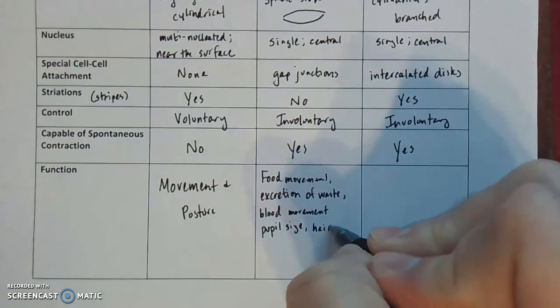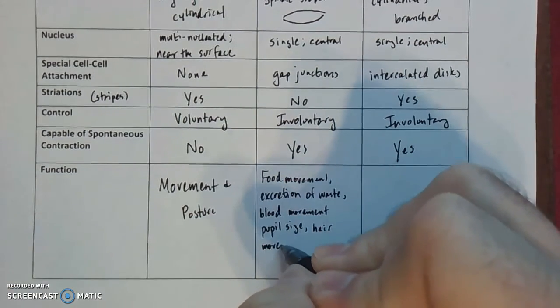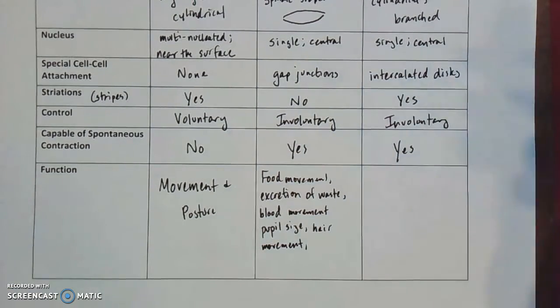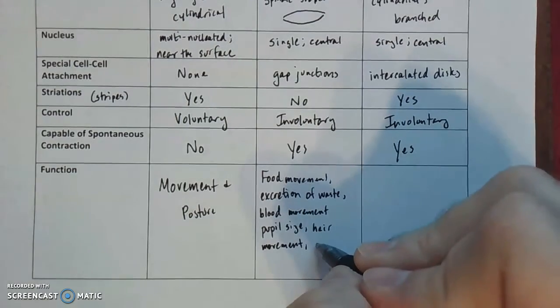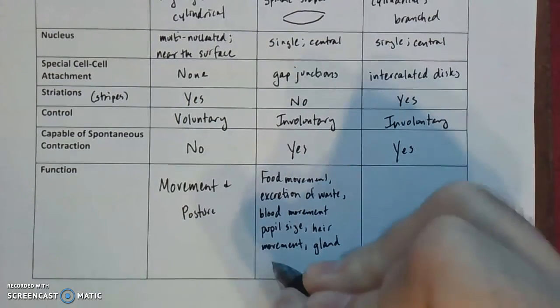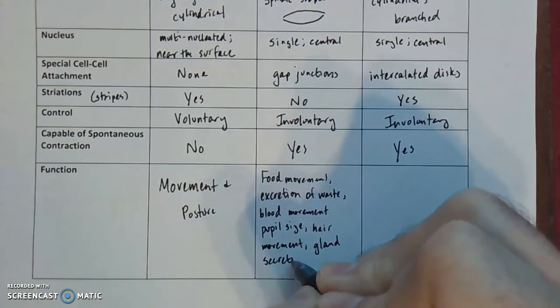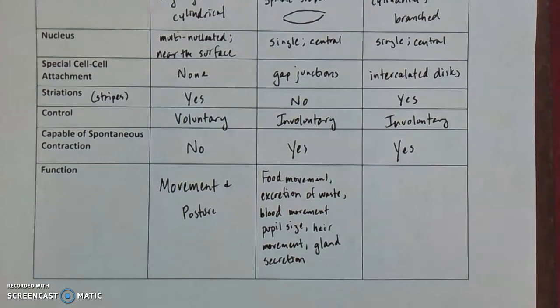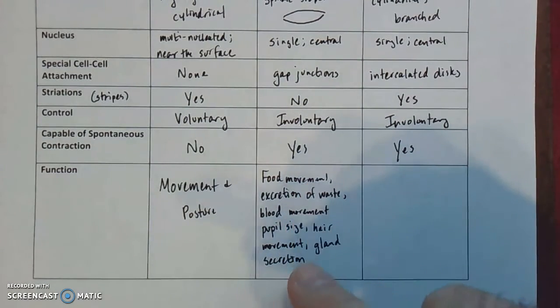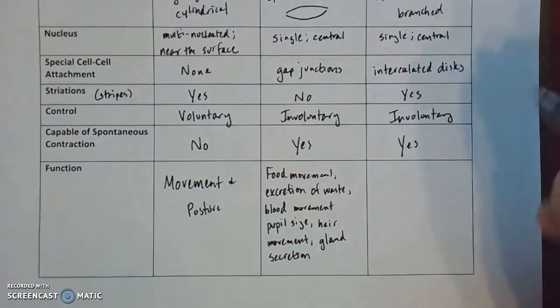Hair movement. Now this one's not as great for humans as it is other animals. Gland secretion. Now hair movement is going to be related to body temperature regulation also. So this is just a small list of the functions. We could add a lot more to that, but that's good for us.